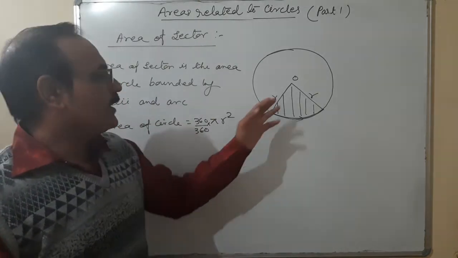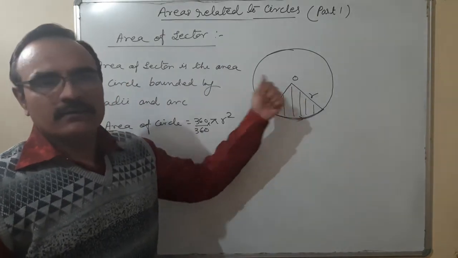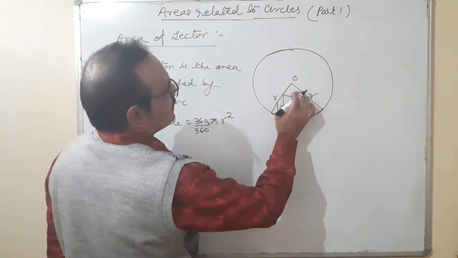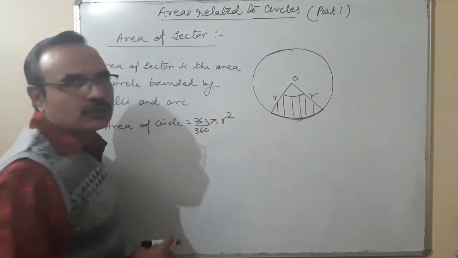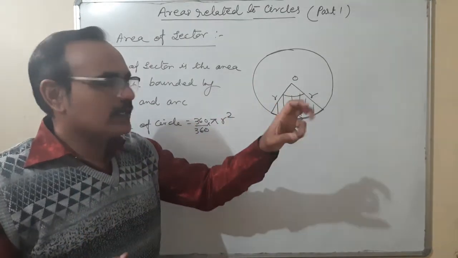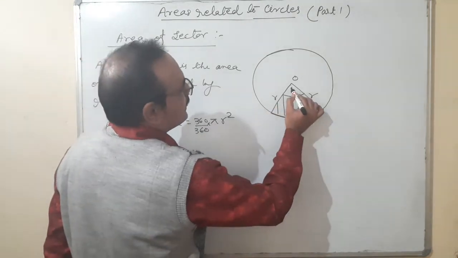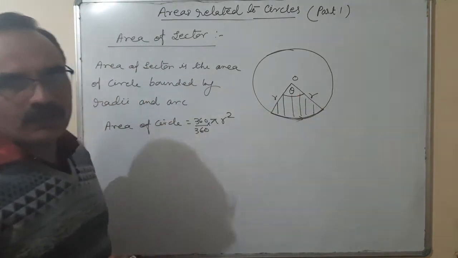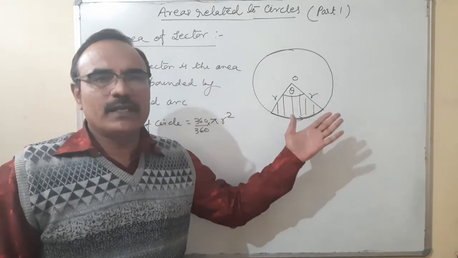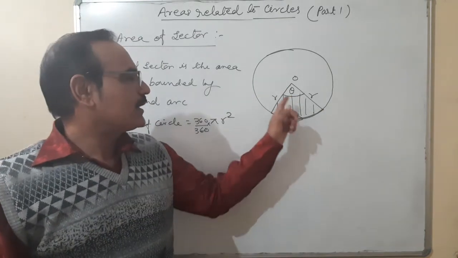But whenever we are talking about the area of sector, this angle is not equal to 360. The area of sector depends on the angle. If the angle is increasing, the area of sector is increasing. If the angle is decreasing, the area of sector is decreasing. So let me consider that the angle is theta, the variable term, whether it is 30, 45, 60, 90, 180, 360, whatever it is.